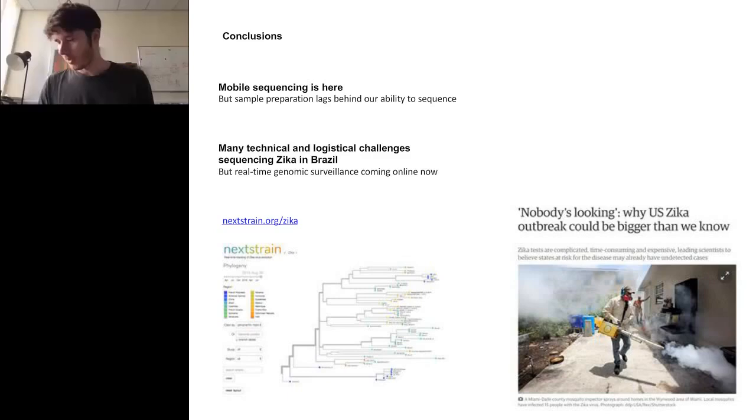A lot of what I've been talking about today really revolves around surveillance, and that sort of implies that you know that something is there, and you're really keeping an eye on it.